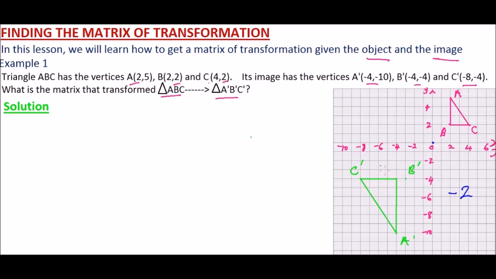So that is how we determine the enlargement scale factor, which is 2. But we still don't know the matrix that was used to enable this transformation to take place. So that is what we are going to do. So this is enlargement.